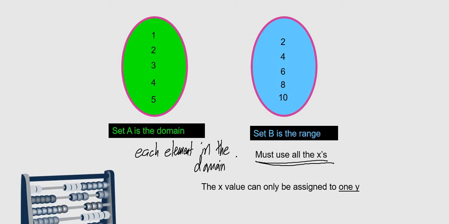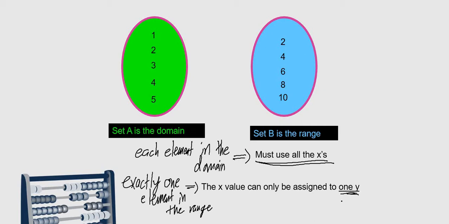That's what each element in the domain means. The other important part of the definition is that it should be exactly one element in the range, or in the second set. This means that the x value can only be assigned to one y and one y only.